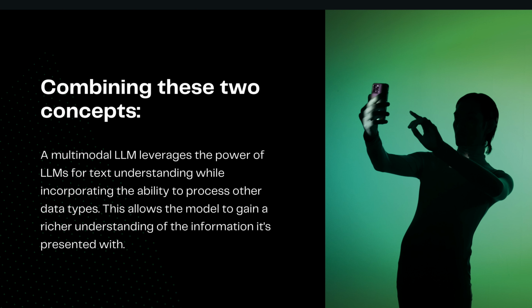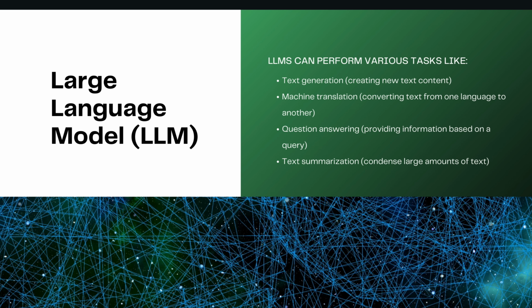Combining these two concepts, multimodal LLMs leverage the power of LLMs for text understanding while incorporating the ability to process other data types as well. This allows a model to gain a richer understanding of the information it is presented with. As you can see on the screen, taking text as input and generating text as output, or taking text as input and converting text from one language to another.